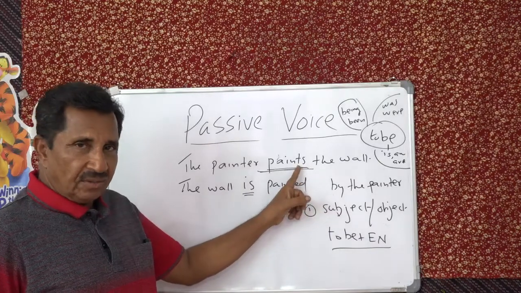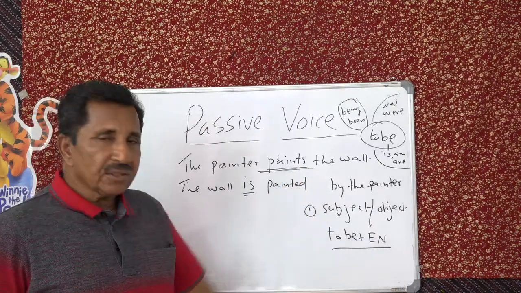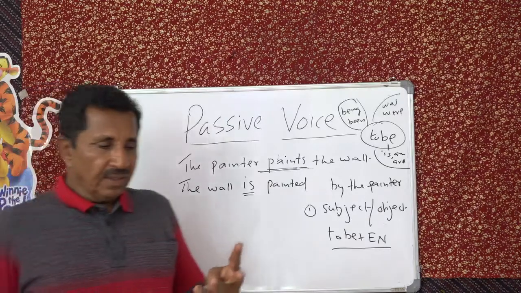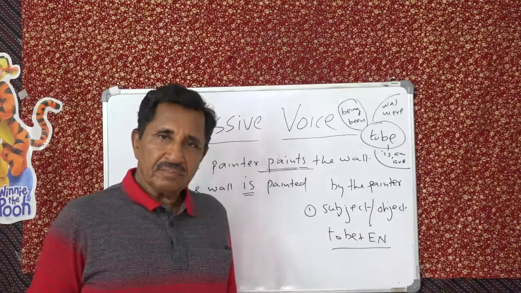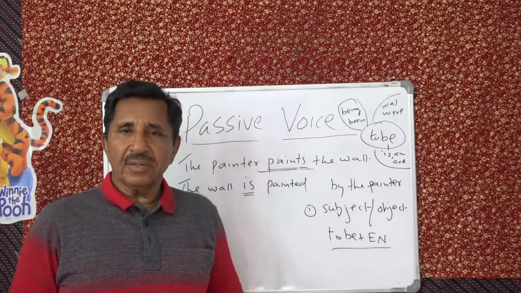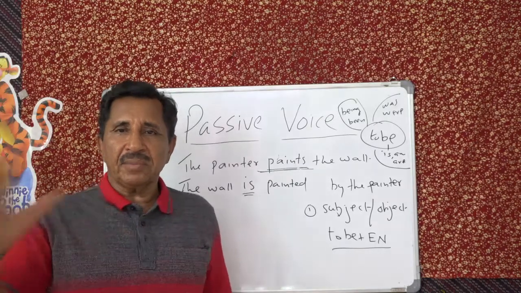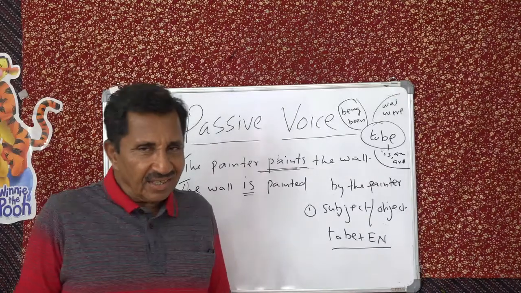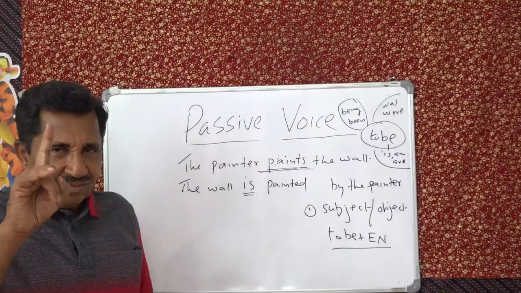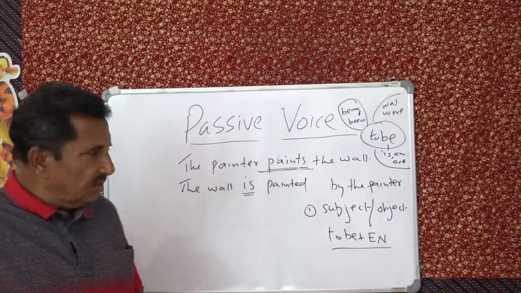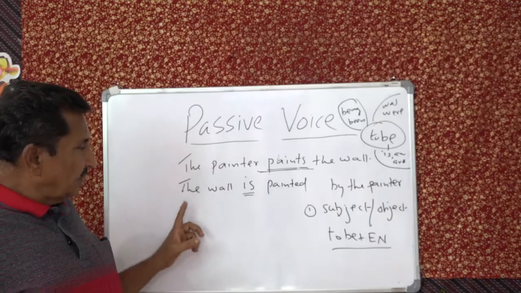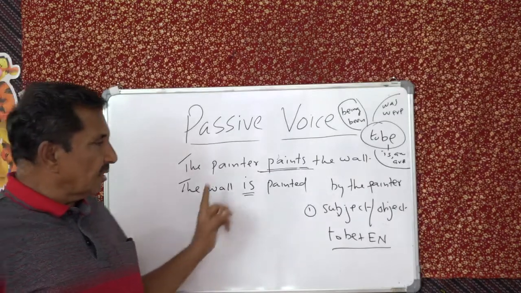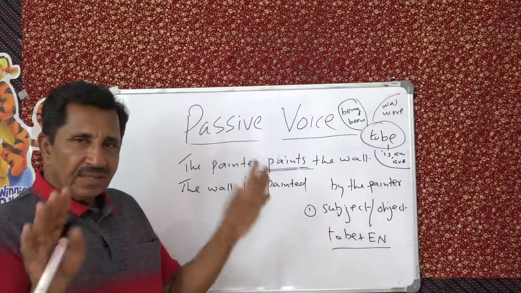This is third person singular. And what is the past participle? Painted. Paint, painted, painted. So the passive verb means to be plus past participle. Simple, with slight variations. So 3 things that you should know: first, in the passive sentence, subject and object interchange.